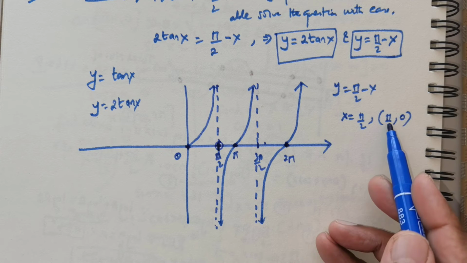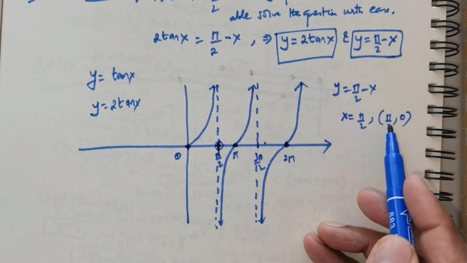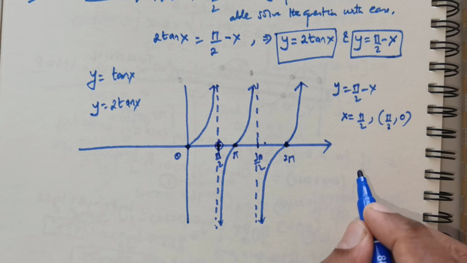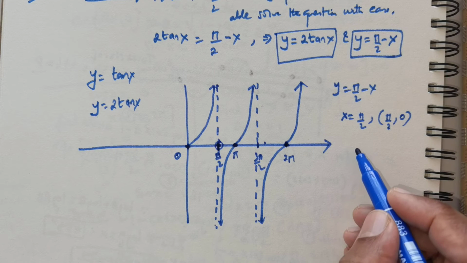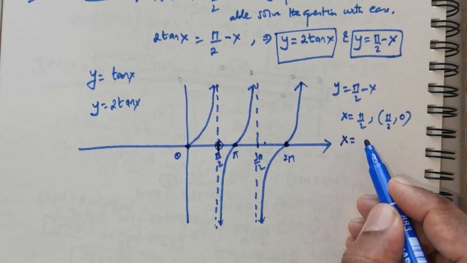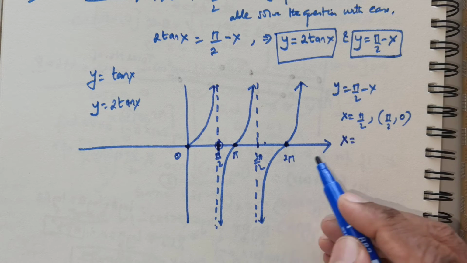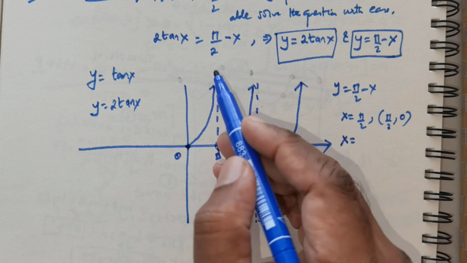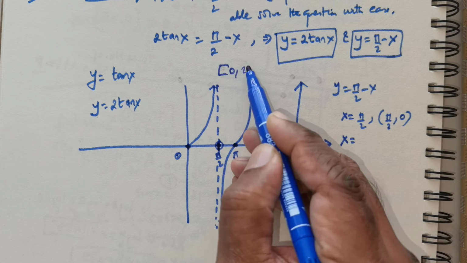Now I would like to take x = 2 pi, because the interval given to us is 0 to 2 pi.